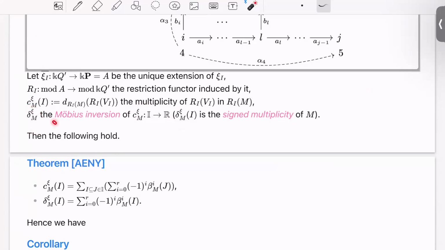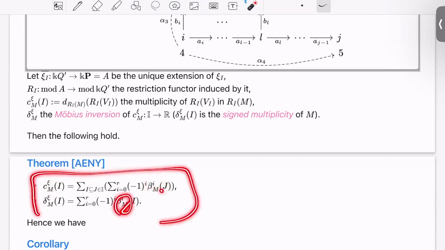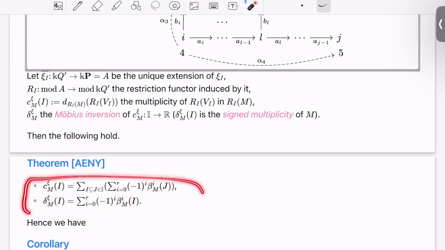It is called a Möbius inversion of this function. In our theorem, we show that these C and delta can be obtained by Betti numbers, relative Betti numbers. This was one of the main theorems in this paper.